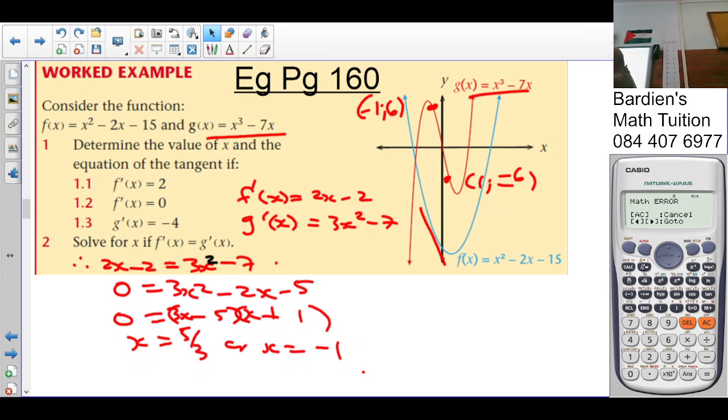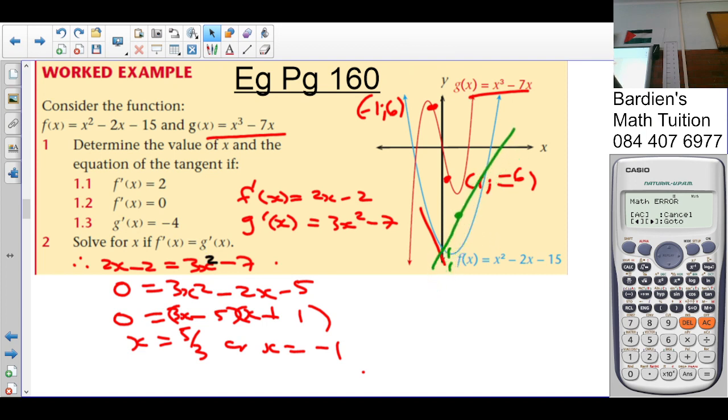Okay, if we're looking at 5 over 3, that is 1 and 2/3, so it's approximately here. So if I draw that graph going through there, can you see it?